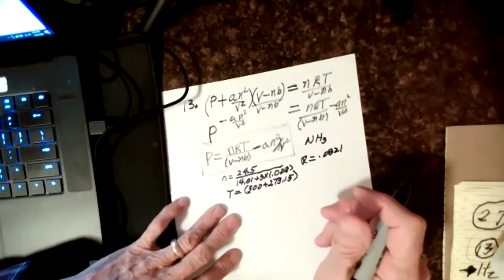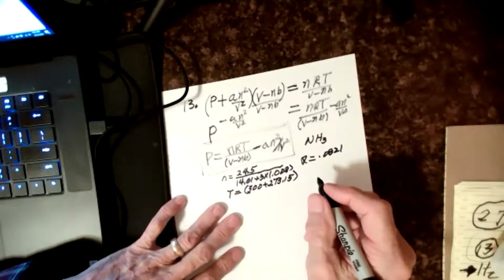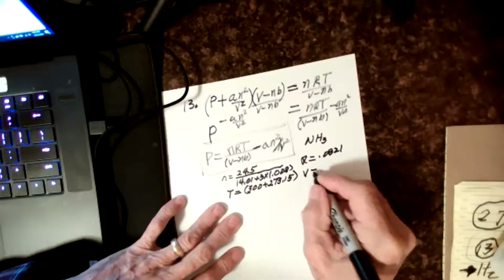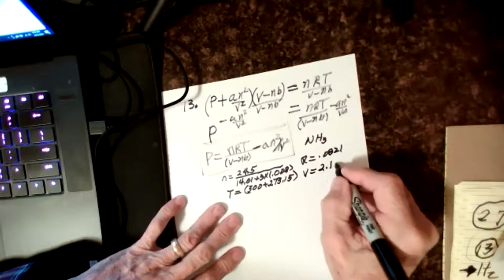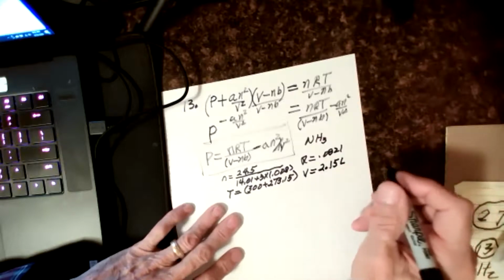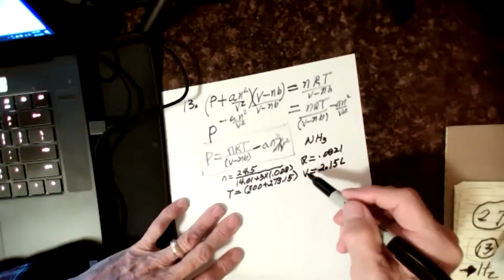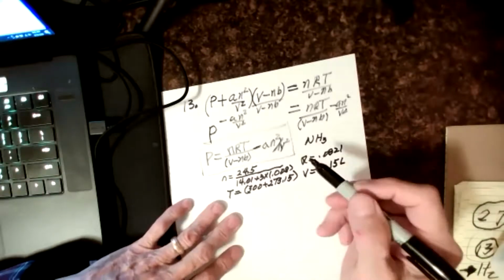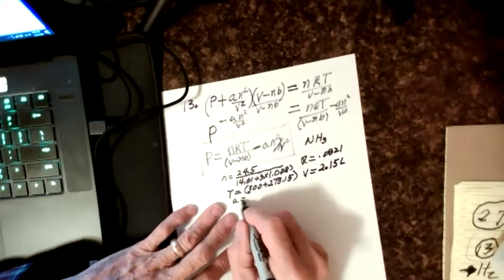What else do we need? Volume. The volume is equal to 2.15, and it is liters, so that's good. Okay, we've got N, R, T, and V. We're solving for P. We need the A and the B constants. I'll go ahead and copy them back down here.